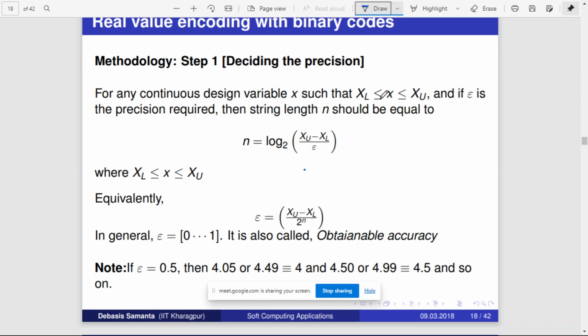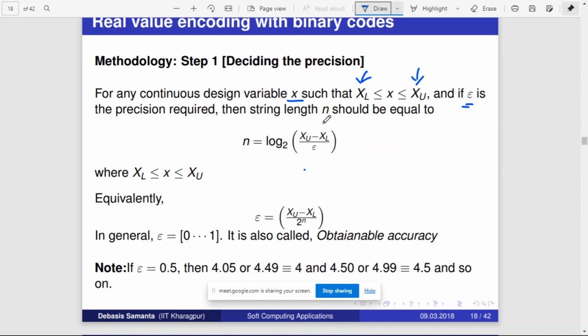Design variables are the variables which are involved in the problem and for which we have to find the values, right? So there is a design variable x such that the value of x can lie between xl and xu. This is the lower limit and this is the upper limit. Okay? And epsilon is the precision required; the amount of precision required is given through epsilon.